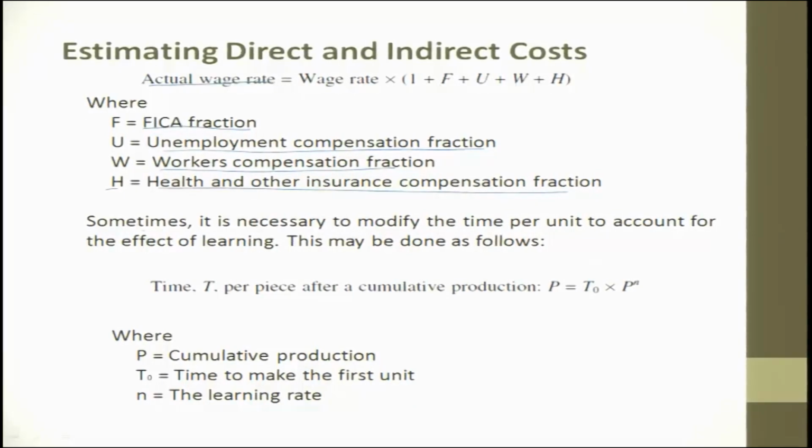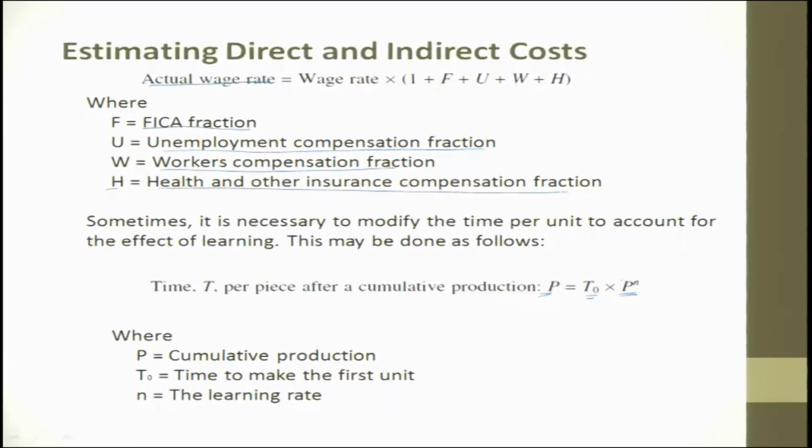So, the next thing is, sometimes it is necessary to modify the time per unit to account for the effect of learning. This may be written as time T per piece after cumulative production P equal to T naught into P to the power n. What is P? P is the cumulative production. T naught is the time taken for the first unit, and n is the learning rate.